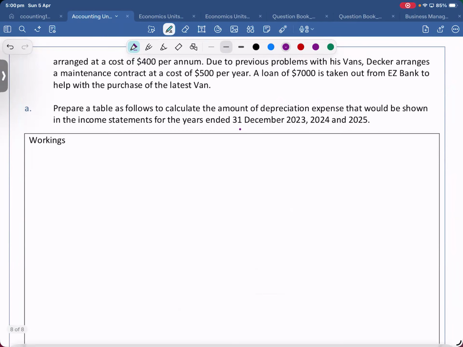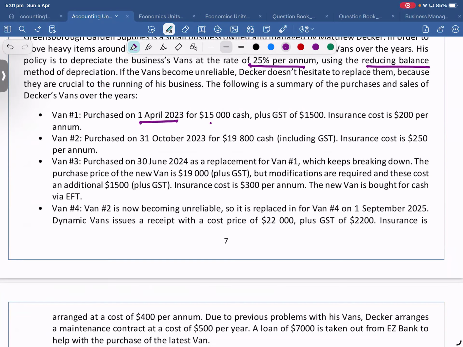Shall we start? Now, what are the years we are going to do? 23 to 25. Firstly, van number one. When was it purchased? 1st April 23, 15,000 cash. Insurance is 200 per annum. So what's the cost of the non-current asset? 15,000. Let's start. Van one, I'll say V1.